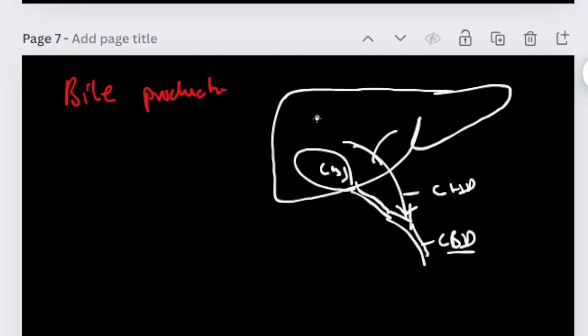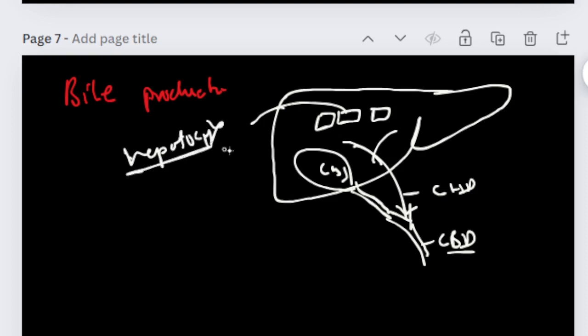So here is the hepatocyte. The parenchyma of the liver has hepatocytes. In the parenchyma of the liver there is a hepatocyte, and the hepatocyte has three surfaces.